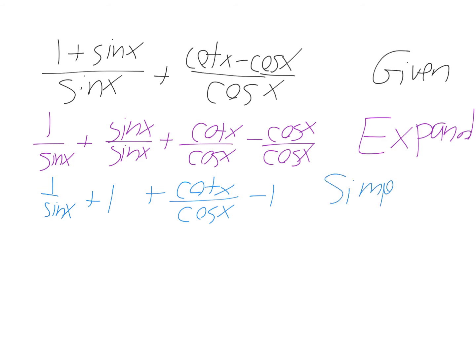So we simplified. Well, plus 1, minus 1, they'll cancel out. So that just gives me 1 over sine x plus cotan x over cosine x.